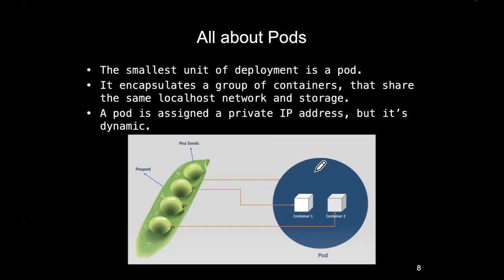You cannot access the IP address of a pod from outside the cluster. And just like the IP addresses assigned to containers in our Docker desktop environment, the IP address assigned to a pod is also dynamic. So if for whatever reason a pod crashes and it has to be restarted, then it will get a new IP address.